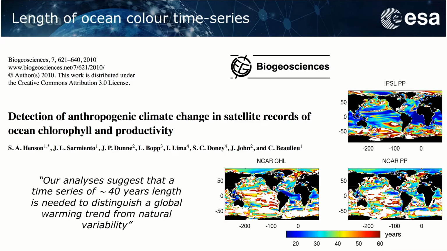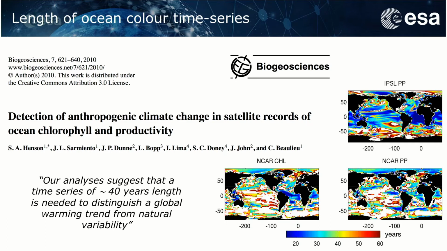This was a nice paper that came out in 2010 by Stephanie Henson, who's now at the NOC in Southampton. And what she and her co-authors did here is they used some climate models that were forced with different IPCC scenarios, I believe, or it might have been a single IPCC scenario over the period, I think, from 2000 to 2100, and then used the model output to try to determine the length of time series we need in our ocean chlorophyll or productivity products in order to detect anthropogenically induced climate change.